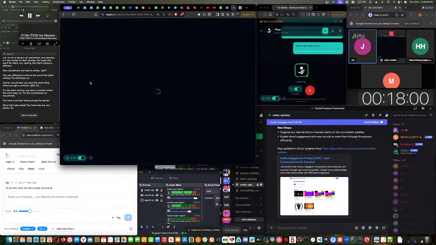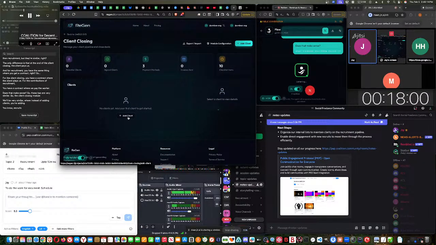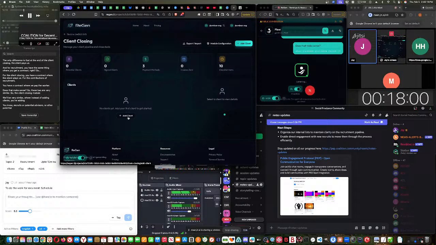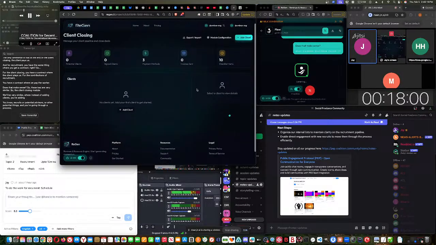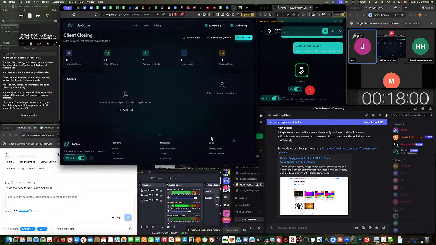So the client closing module will be very similar, where instead of adding clients, you're adding recruits or potential advisors or other potential things, and you're going through a process that you set up for each recruit and then following up with them. But it will integrate Amica and it'll integrate all the communication. So it might not be able to click a button to send the communication unless it's email. We could integrate email.